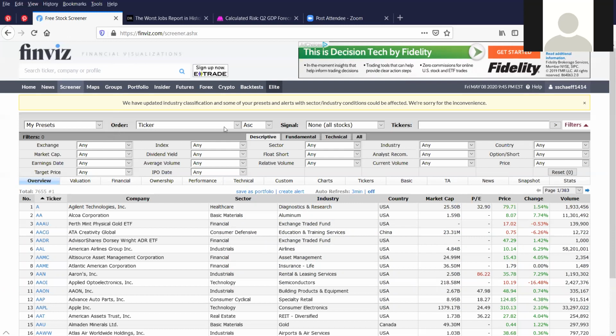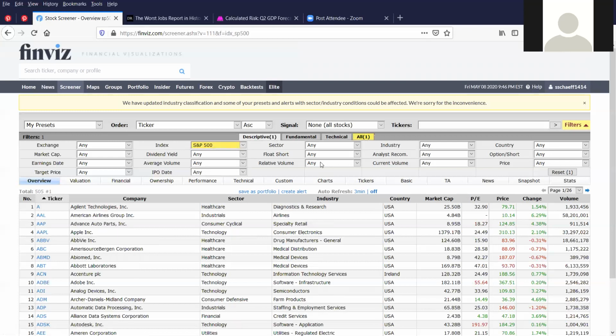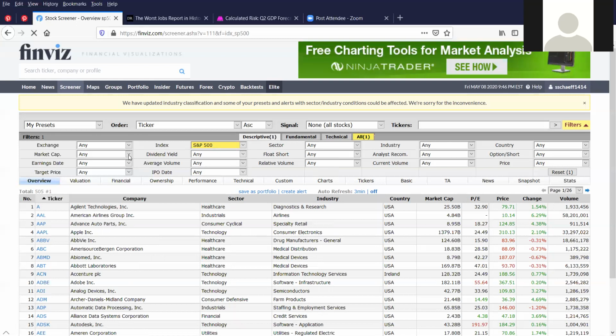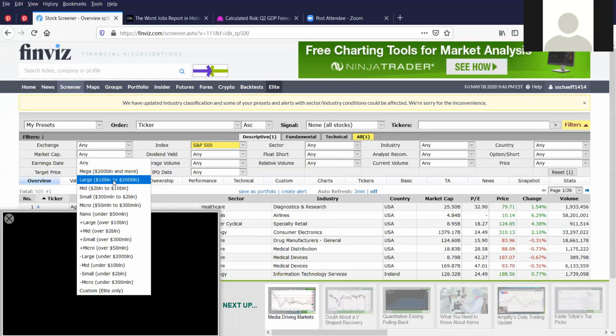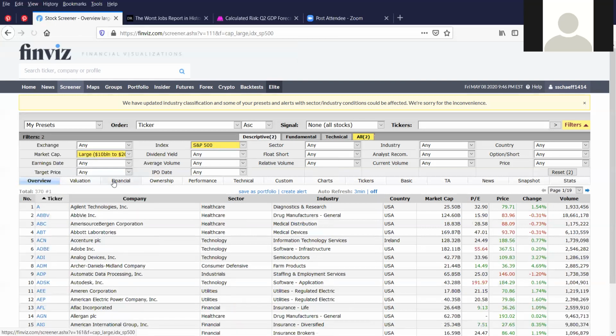So you can start small by creating some filters using descriptive filters like a particular index, like the S&P 500. And let's look for companies with a market cap of over, I don't know, large, over 10 billion, 10 to 200 billion.